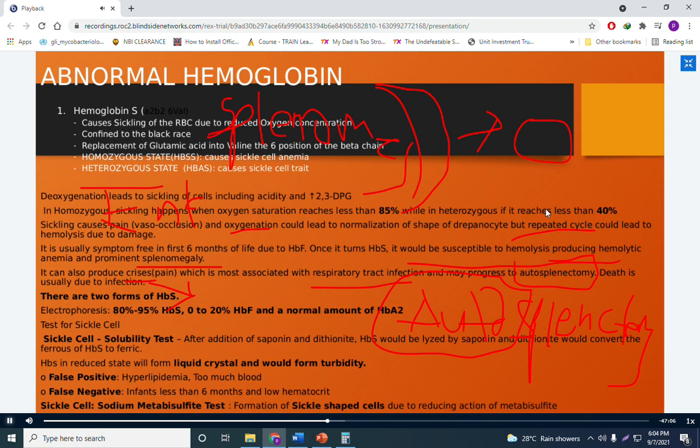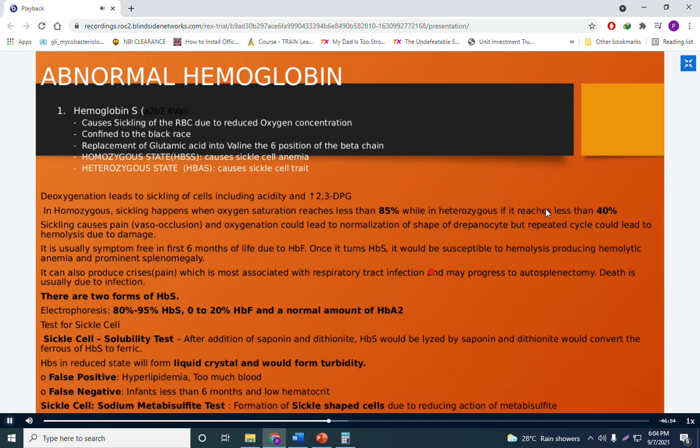What does your auto mean? Okay. So, nangyari dito, class, auto, self-removal of the spleen. Your body decided to remove the spleen by destroying it. Sobrang sakit niyan. Imagine the pain, the crisis. That is usually due to infection.